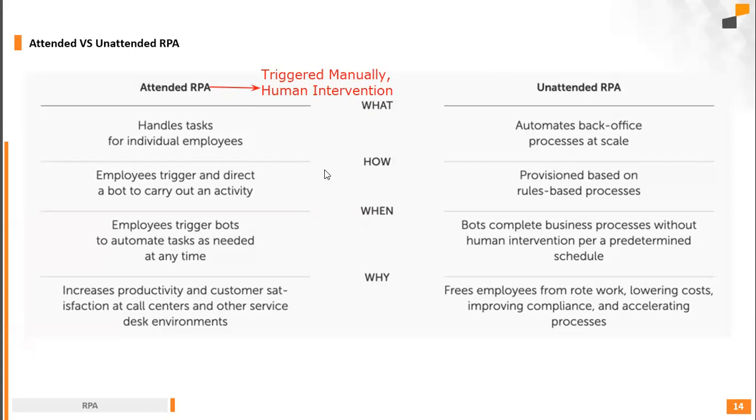What are the different types of robots you have developed? Have you developed only manual robots or have you developed unattended robots? So what do we need to say? We should say, I have developed mostly unattended robots. Why?